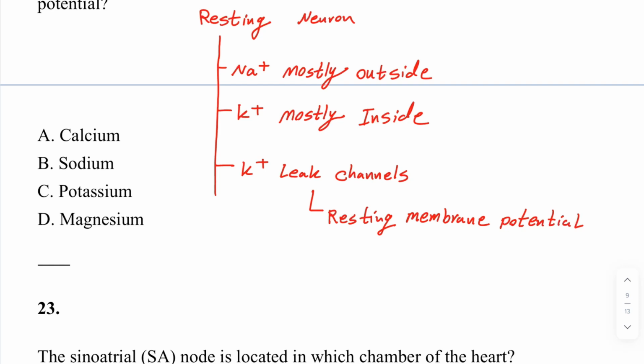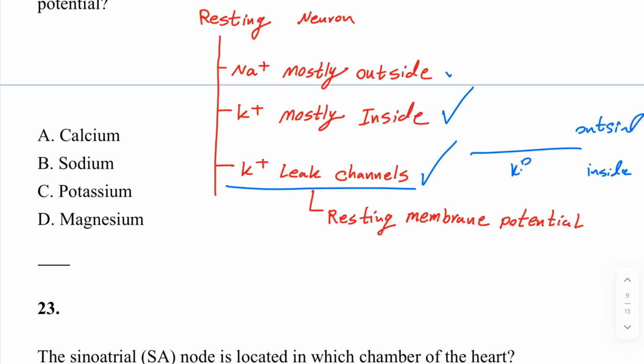So, even when the neuron is resting, potassium leak channels remain open. Potassium continuously diffuses out of the cells. This movement creates a negative electrical potential inside the neuron, inside and outside.